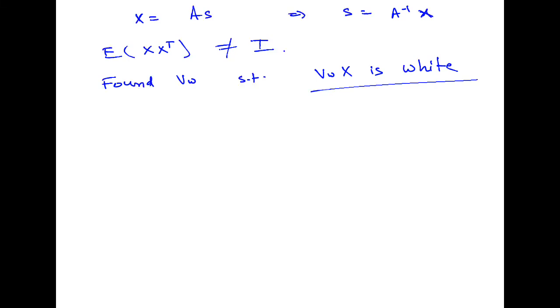So let's say my Z is equal to this whitening matrix times X. So this becomes V W A S. And this may not be the inverse of A. This matrix that will whiten X is not unique.